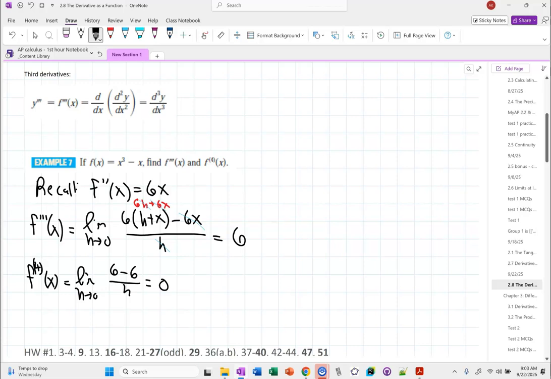The slope of a horizontal line should be 0 everywhere, right? So f of x plus a, there's no x. It's just 6 minus 6, so it's just like 0 over h, which is just 0.